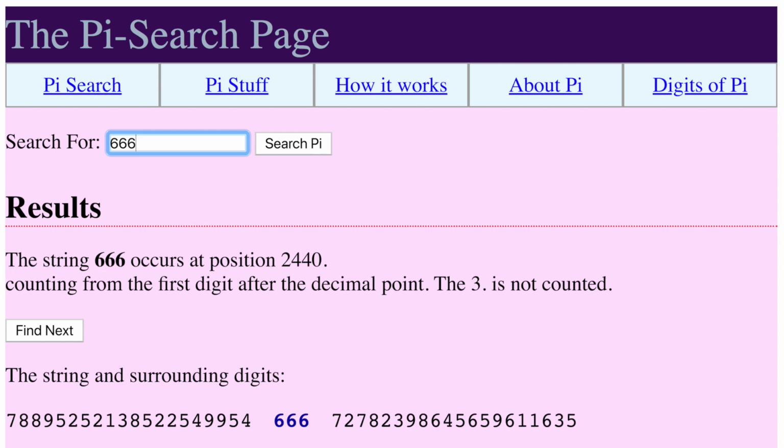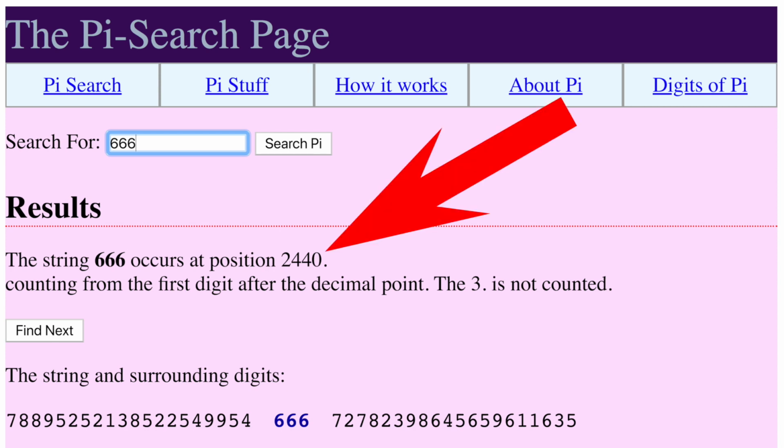While we are on this topic, the first location for the number 666 occurs at position 2440. It just so happens that the following combination also equals that number.